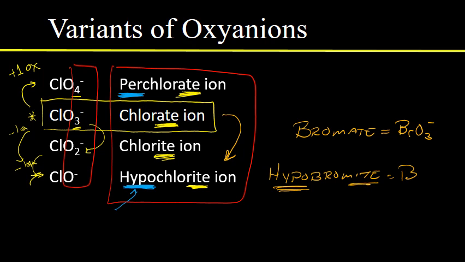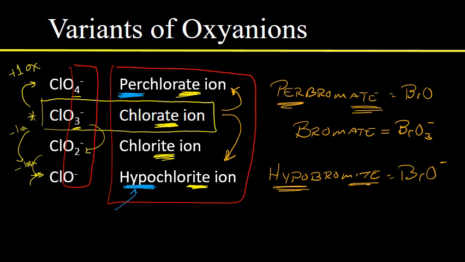Hypobromite then would be BrO minus. And perbromate, we got the -ate suffix and the per in front of it. That means we've gone up 1 step, we've added 1 oxygen. So perbromate would be BrO4 minus.